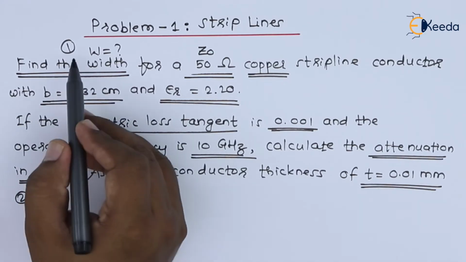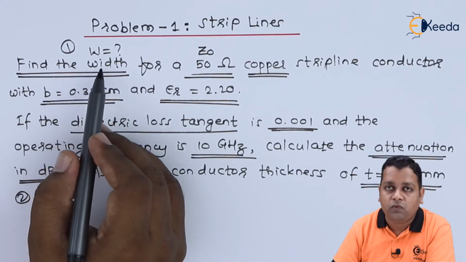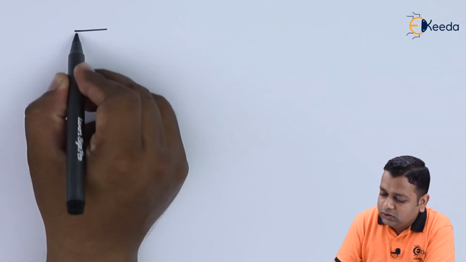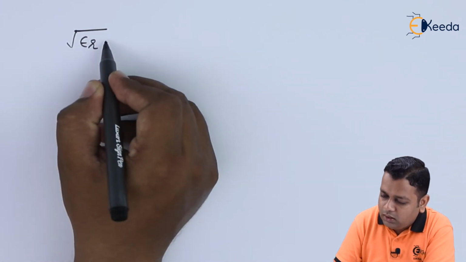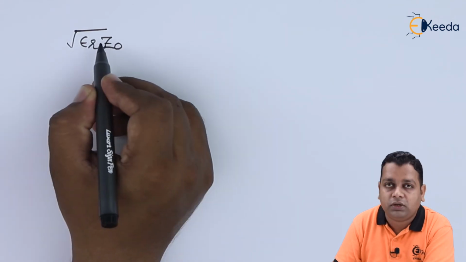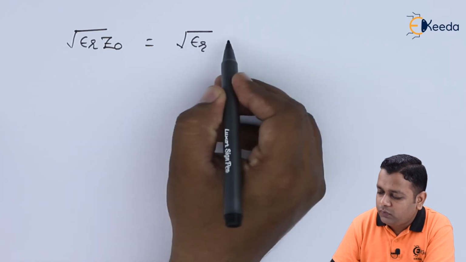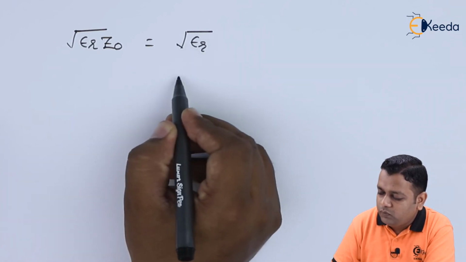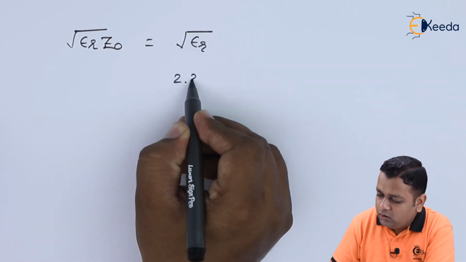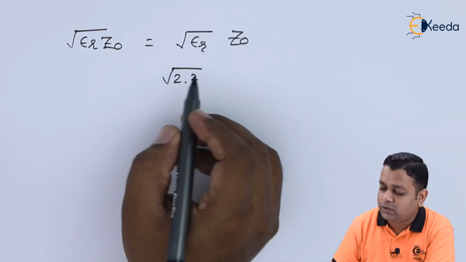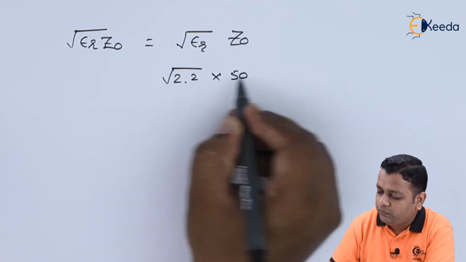Let us first of all deal with calculating the width of the given strip line. Very first we need to determine the value of square root of epsilon r into z0. So we have square root of 2.2 into z0, whose value is specified as 50.